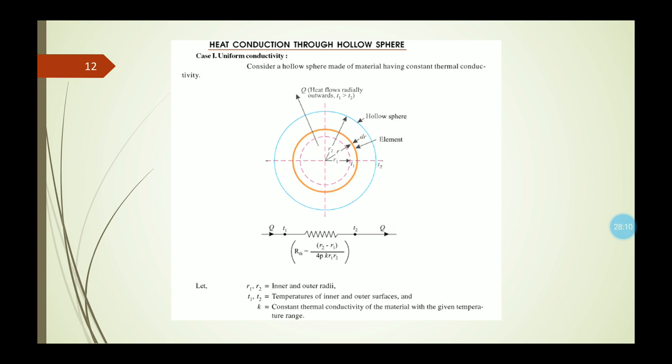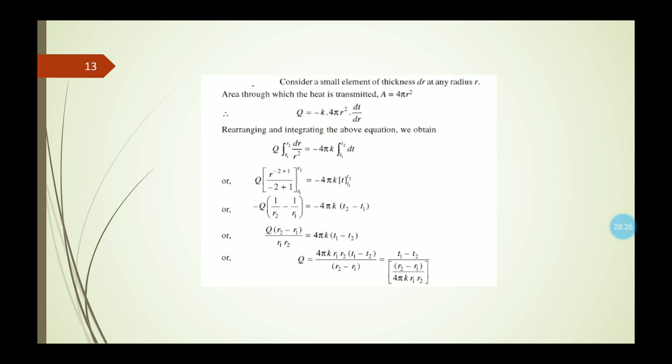Let R1 and R2 be the inner and outer radii, T1 and T2 the temperatures of the inner and outer surfaces, and small k the constant thermal conductivity of the material within the given temperature range. Now consider a small element of thickness dr at any radius r.